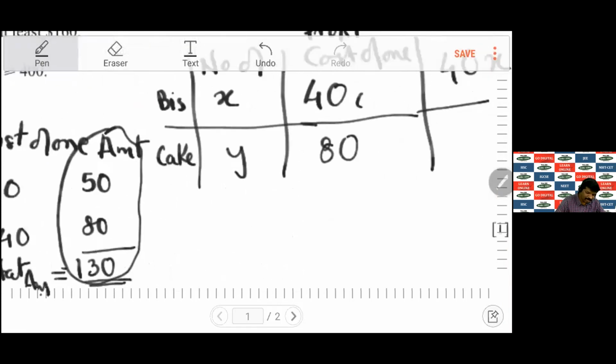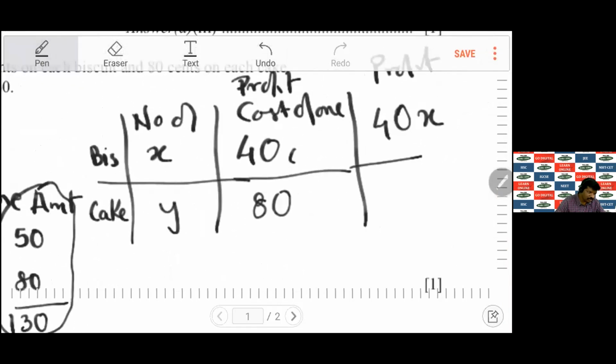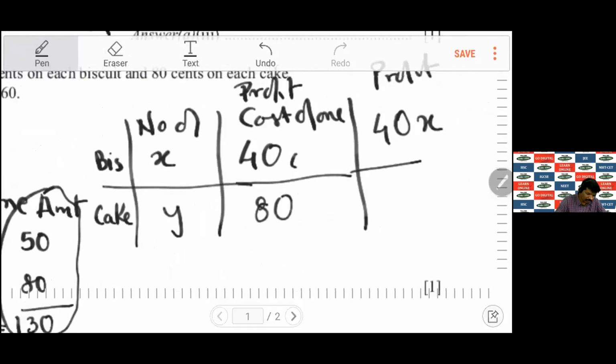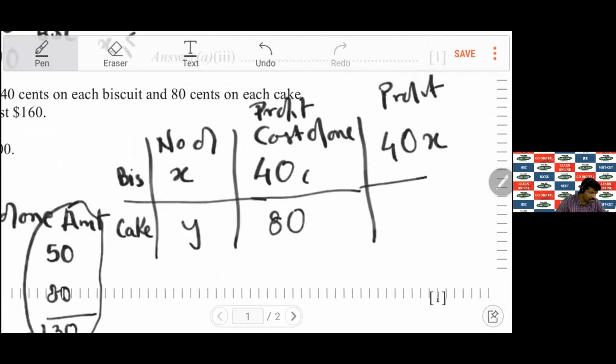In the same way, if you have X biscuits, X can be 5, 10, or 20, you don't know how much it is. So the profit will be 40x.